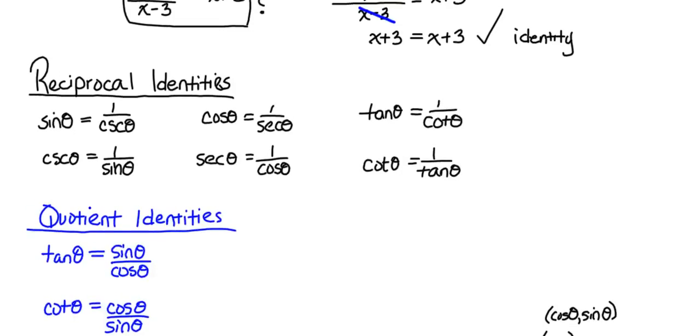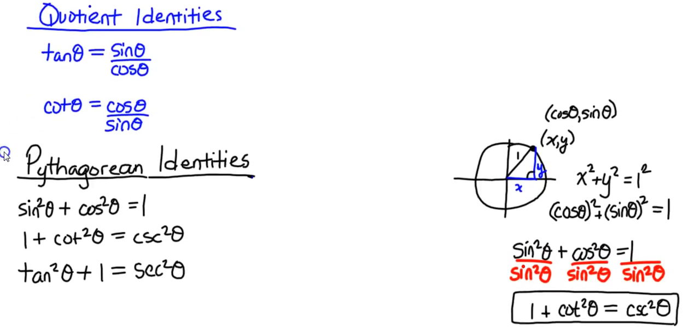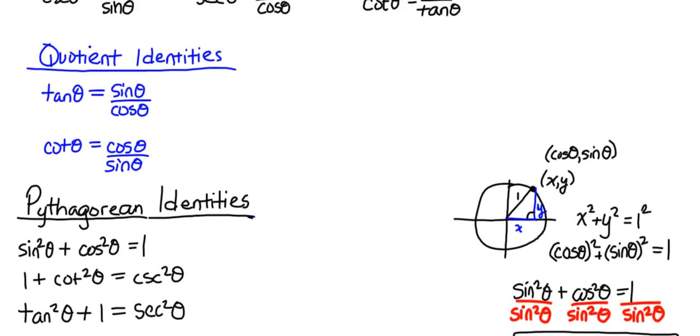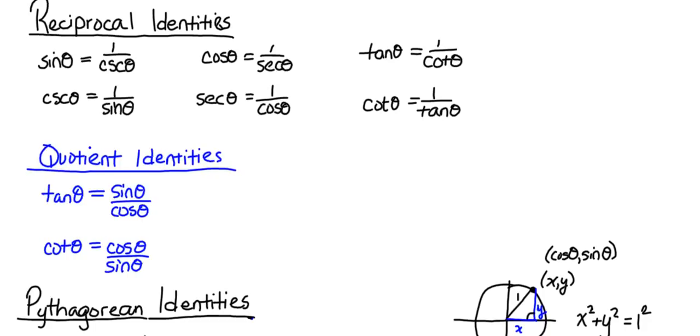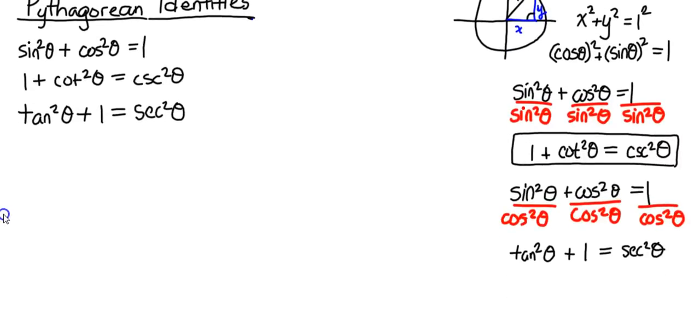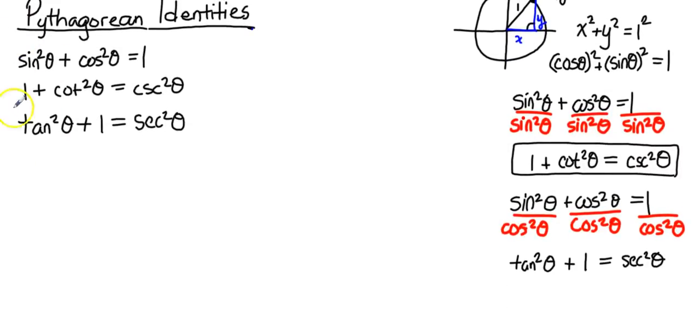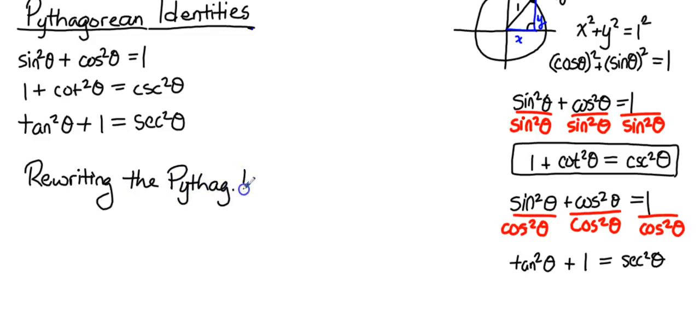So right now we have 6, 7, 8, 9, 10, 11 identities in our toolbox. And we can actually get a couple more by analyzing how we can rewrite these 3. So let's just take a second and explore what happens when we start rewriting the Pythagorean identities.